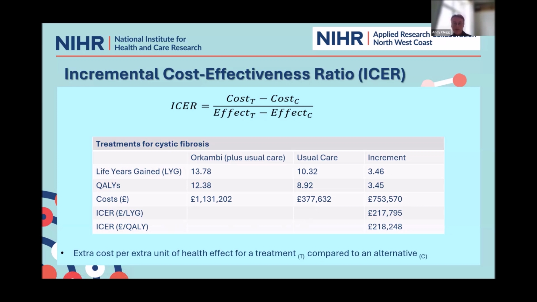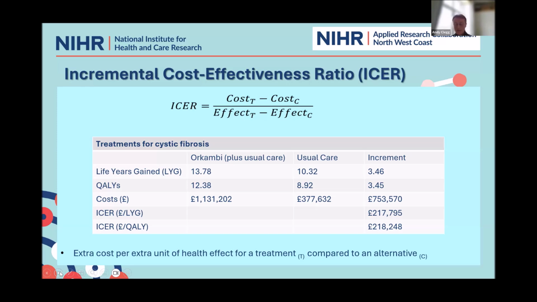Now, obviously, the people who have the condition and their carers, etc., are going to want to have that funded. But what we have to work out is whether that's an appropriate use of the resources. So it's about deciding what is a good use of money from the use of that intervention. Would we choose that?